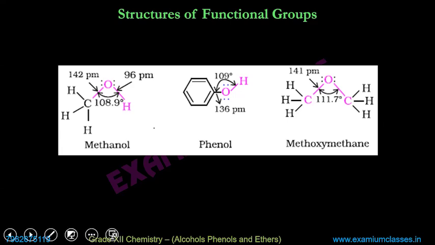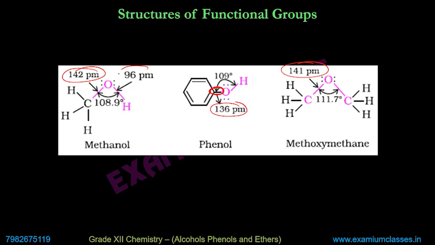And moreover, if you want to understand why this bond length is smaller, there is resonance. Due to resonance, this bond length is smaller due to partial double bond character. Otherwise, this is 142 and 141 picometer. With a methyl group, it is very close.